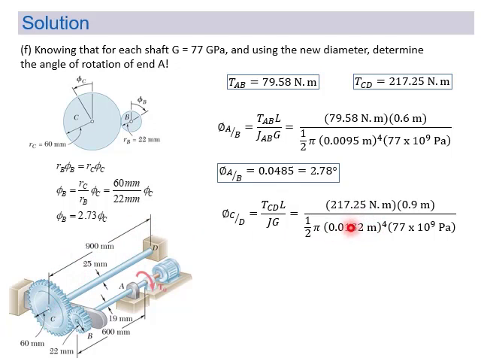This is J using the new diameter with radius 13.2 millimeter, so this is in meter, and this is the shear modulus. After calculation, you will get the twisting angle of shaft CD with this torque is 0.0531 radian, or equal to 3.04 degree.